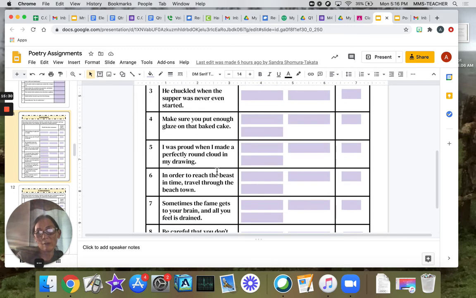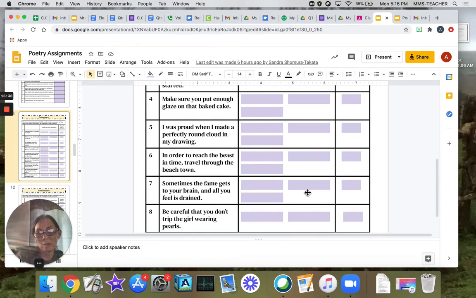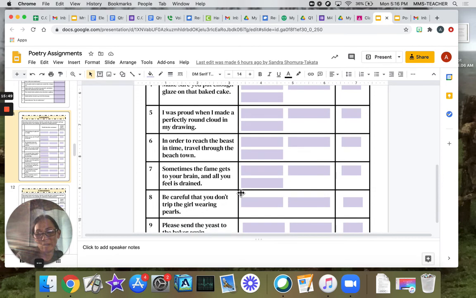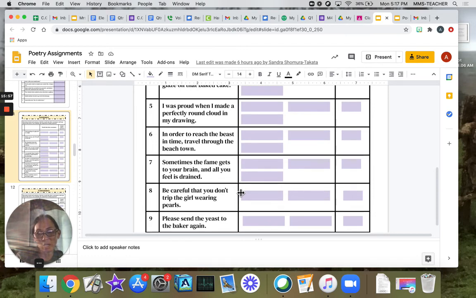Number 5, I was proud when I made a perfectly round cloud in my drawing. Number 6, in order to reach the beast in time, travel through the beach town. Number 7, sometimes the fame gets to your brain and all you feel is drained.